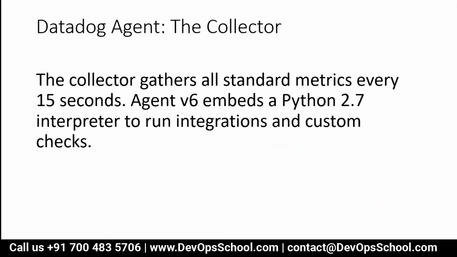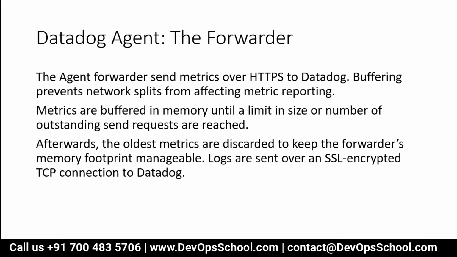So in the Datadog agent, you have a collector. The collector gathers all the standard metrics every 15 seconds, and this is sent to the API. So we have the forwarder.